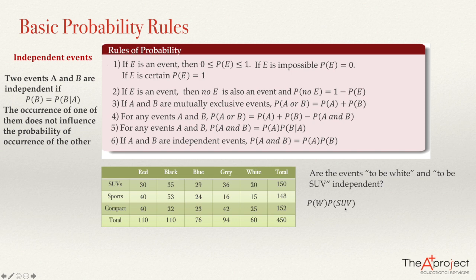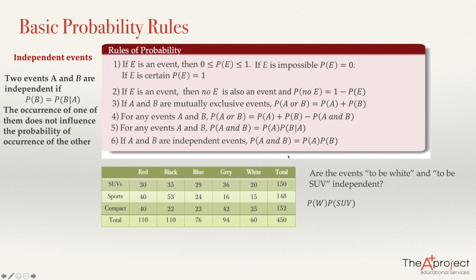But another way to see that is using this: the probability of A and B equals the probability of A times the probability of B. So sometimes people use this as the definition of independent events. Let's see that.